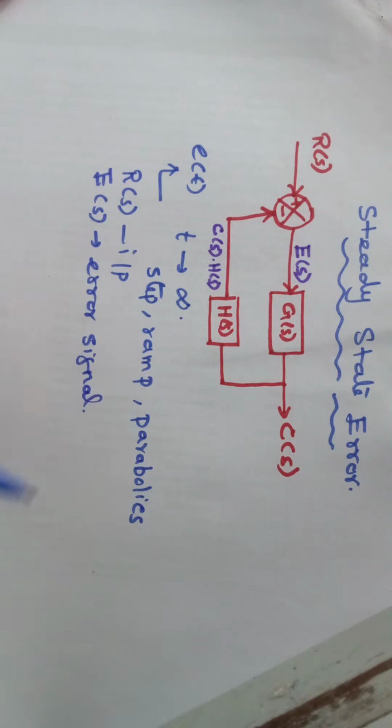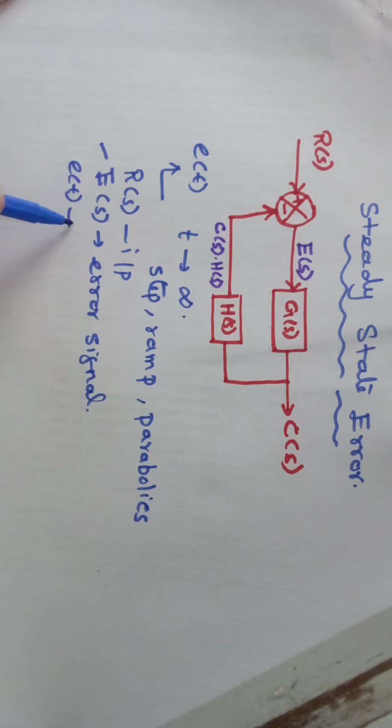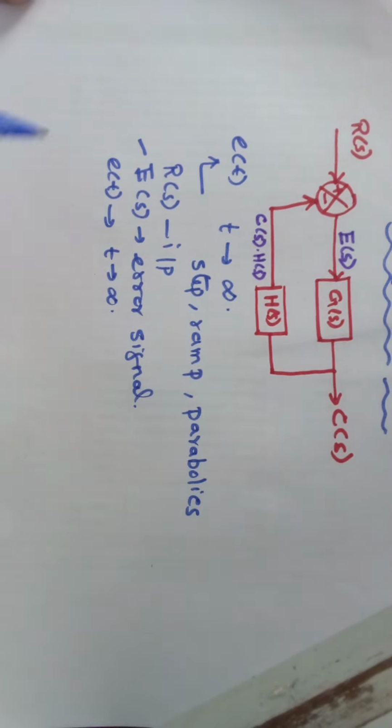So once you have calculated the error signal E(s), we can find the value of e(t) by taking the inverse Laplace transform of E(s), and the value of this error signal e(t) when t tends to infinity is your steady state error.